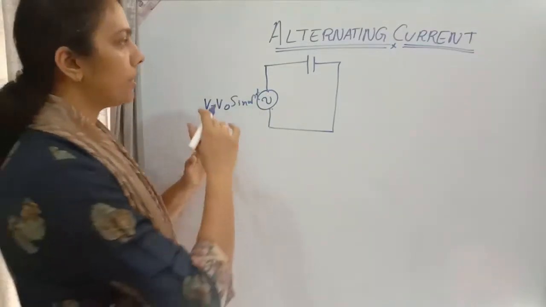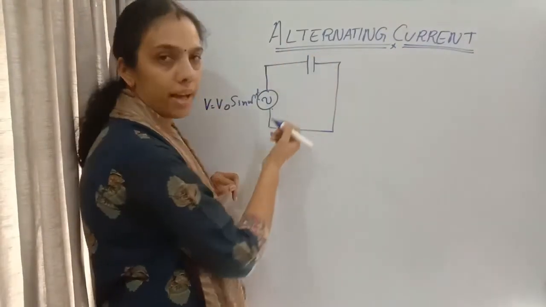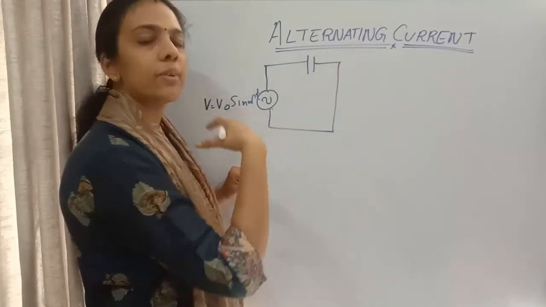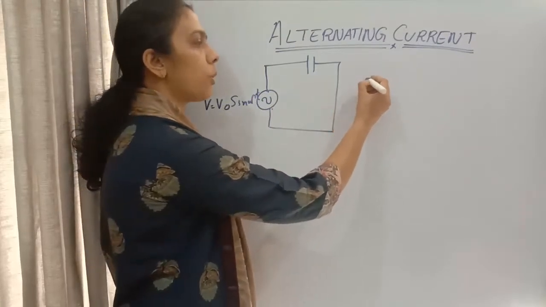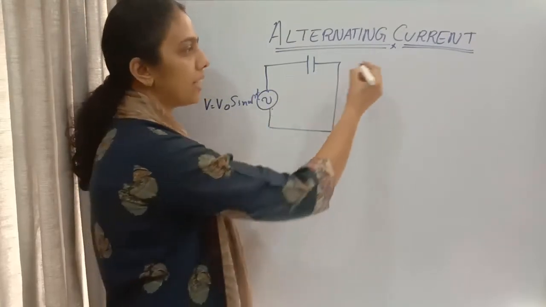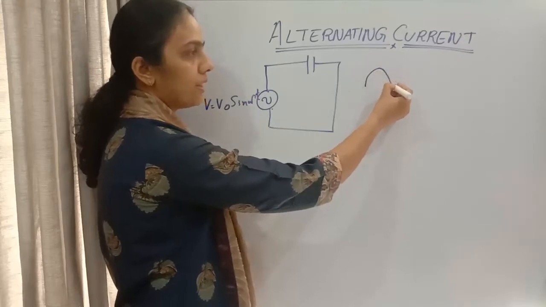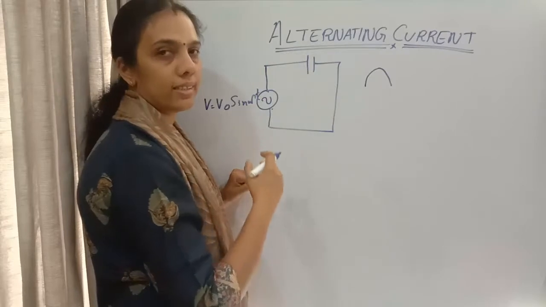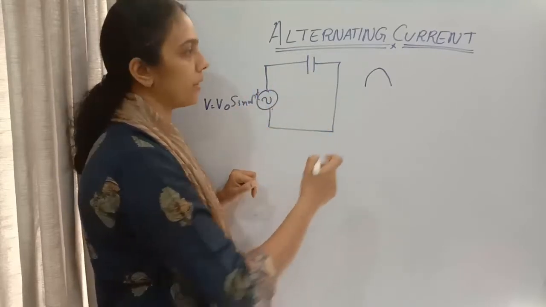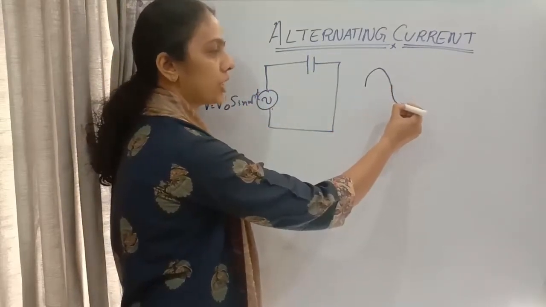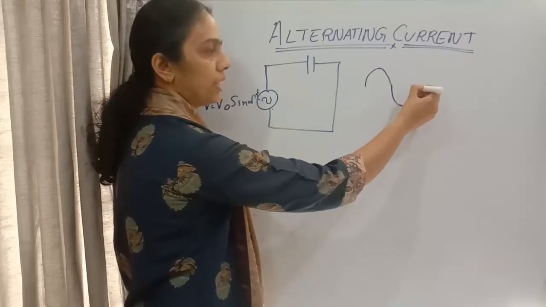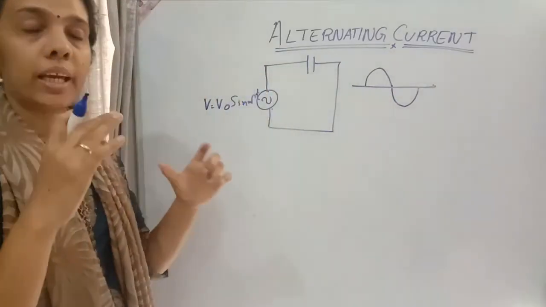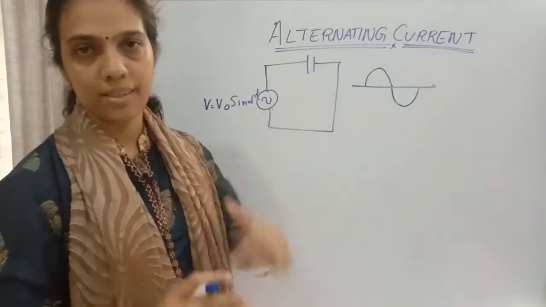That potential difference is passing through this capacitor, so it will start charging, and during the positive half cycle it will charge. Then the amount of current is decreasing, and then discharge will happen. Then it will move in the opposite direction, charging and then discharging. This is what happens when AC is passing through a capacitor.